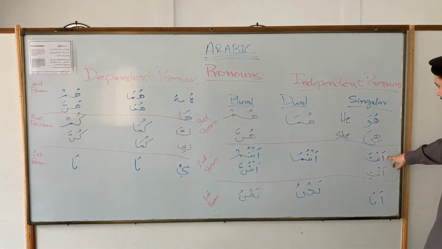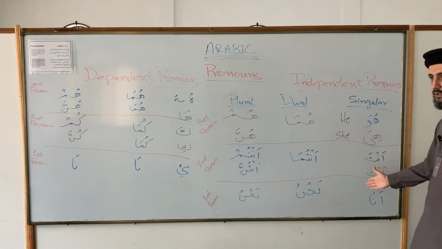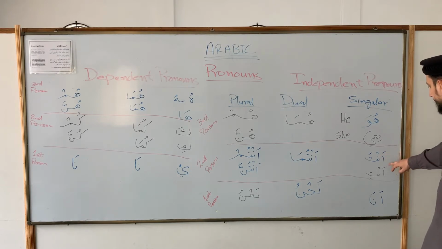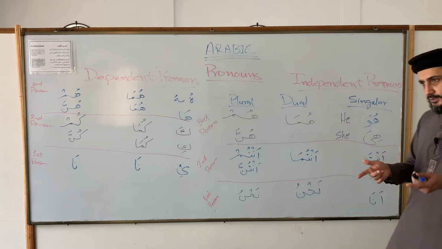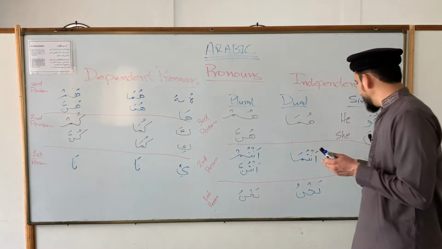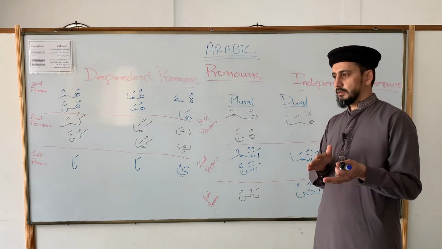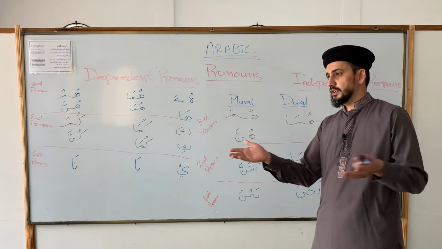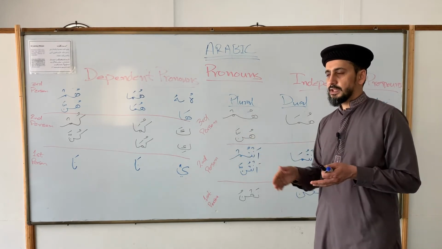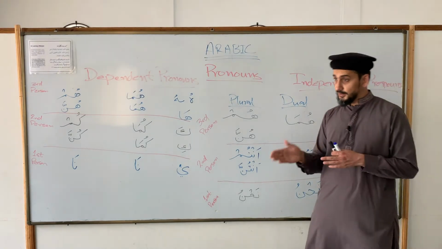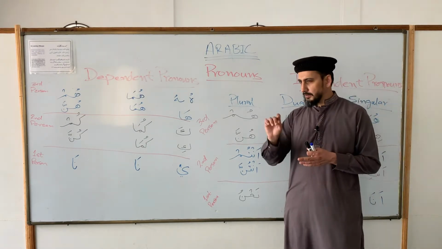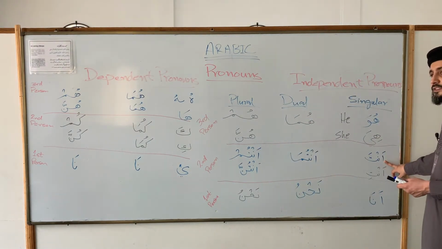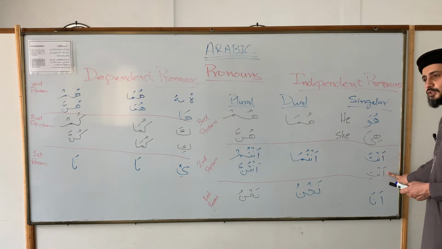Now we are in the same singular column, in the second person group. Sometimes the male and female forms are two different things. For example, in English, when we say you, we say you for both male and female. But in Arabic, for male is a different you, for female is a different you. Sometimes it's a very slight difference. Anta means you, anti means you too.